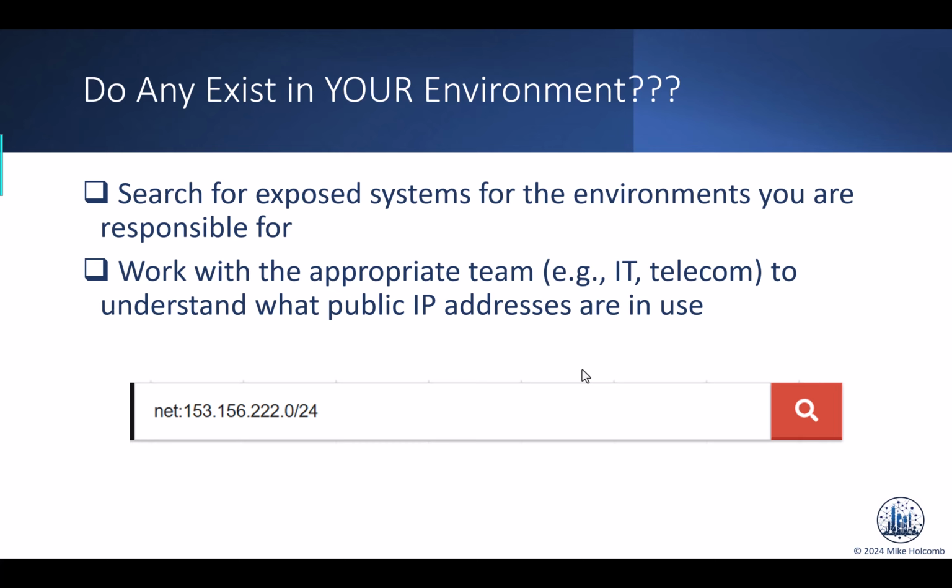That's where we can use the net search parameter in the Shodan search. So we can say net: and then here was one of the random subnets that we had seen earlier in the course from one of the IP address searches that we had done.